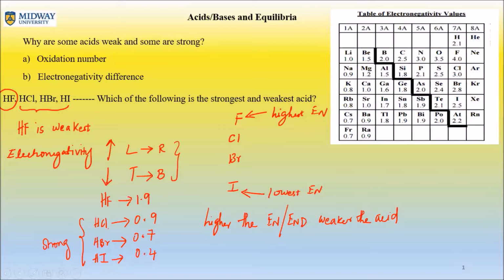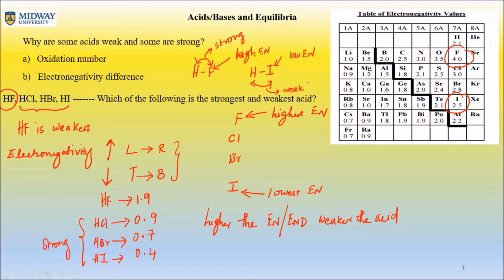So the idea here is when your electronegativity is high, say for instance, you have HF and HI, they're on opposite ends of the spectrum. Iodine has a low electronegativity compared to fluorine, which is high. This is 4.0, this is 2.5. So the hydrogen is retained by the fluorine more strongly. This attraction between hydrogen and fluorine is very strong, compared to the hydrogen and iodine interaction, which is very weak.